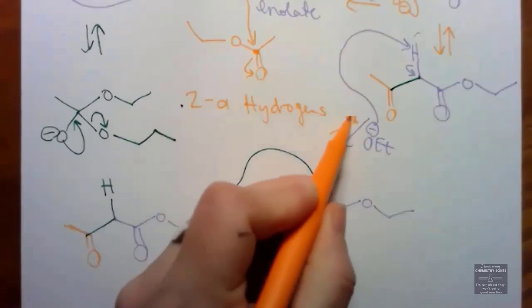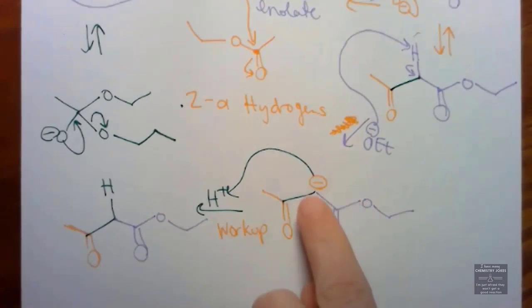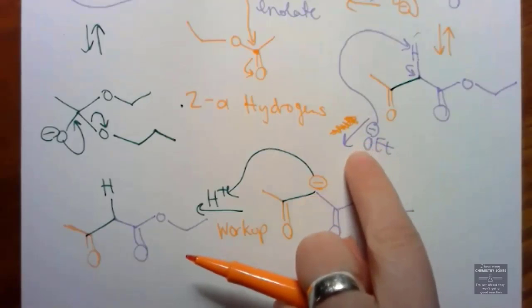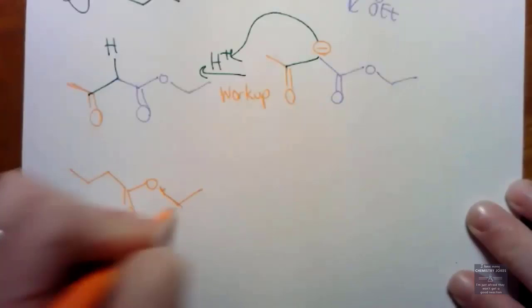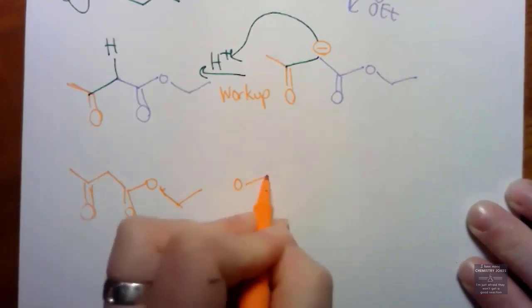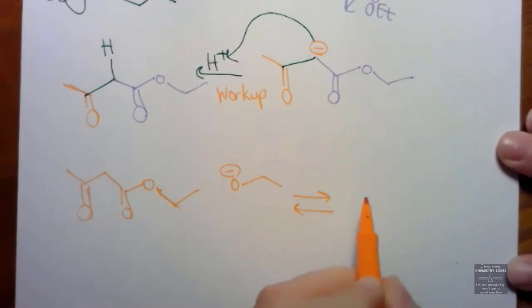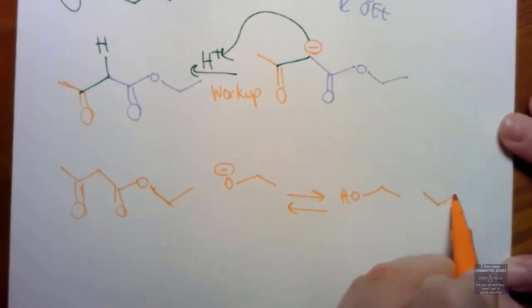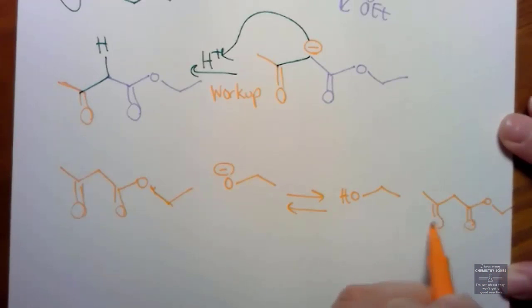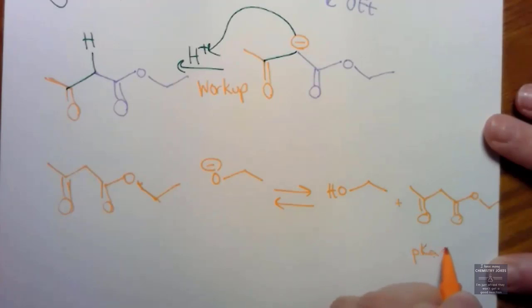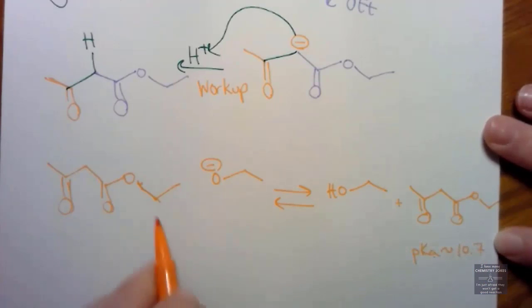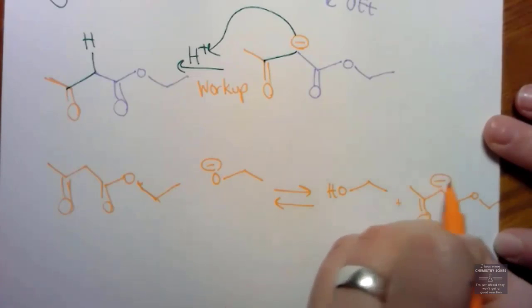This alpha deprotonation, to make this new enolate, this step is irreversible, because at the point where you've got this and NaOEt in solution, if we draw our equilibrium reaction and revisit the first video about enolates, we would see that a beta diketo type compound has a pKa around 10.7, and this is supposed to be the enolate.